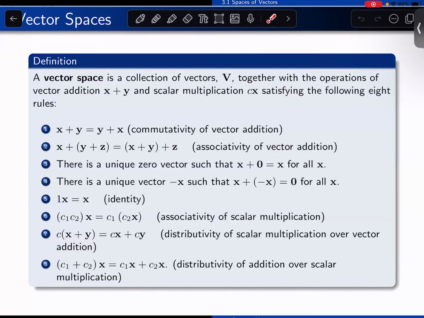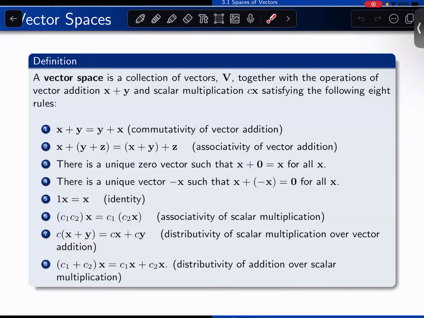And so what you have to have is that addition is commutative, so the order of addition doesn't matter. Addition is also associative, so doing x plus y plus z should be the same as first doing x plus y and then adding z afterwards. There has to be an additive identity, so if you do x plus 0, you should get x back.